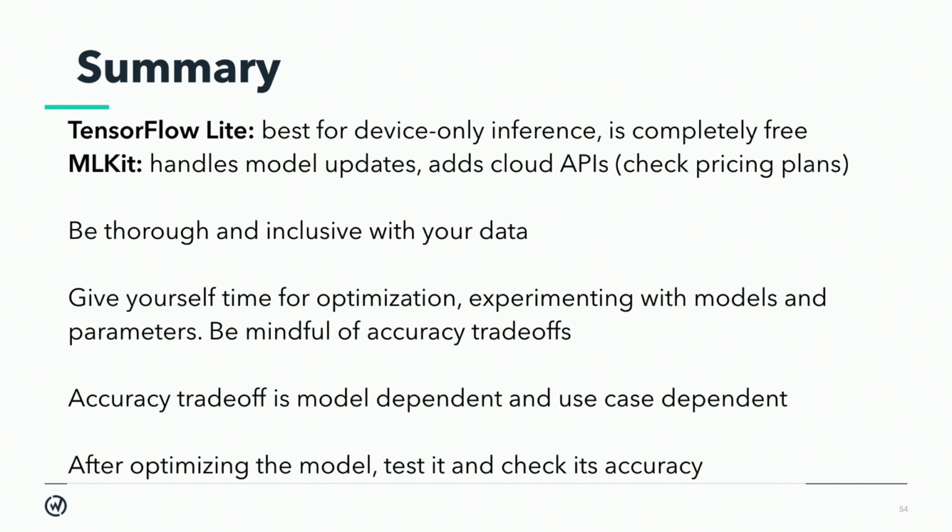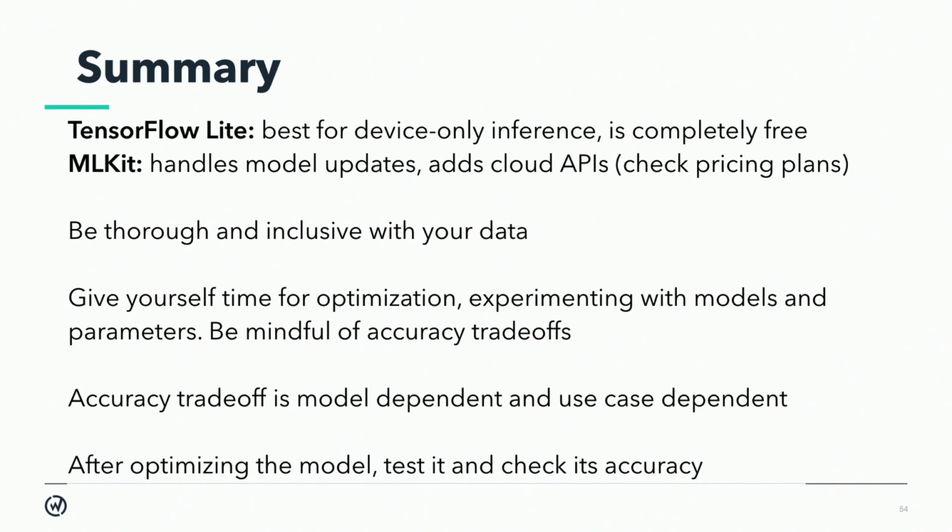And a few more reminders here. If you're training your own model, it's important to be thorough and inclusive with the data. Make sure that you have enough data and a basic understanding of the domain that you're creating your app for. And please give yourself time for optimization of those machine learning models, because as you have probably noticed, the actual implementation and integrating the SDKs isn't really the hard part.